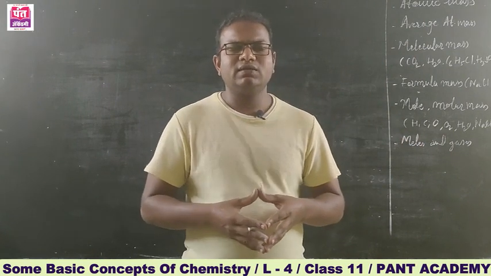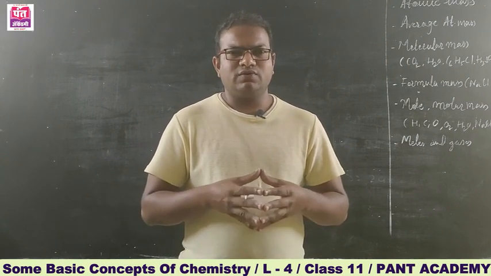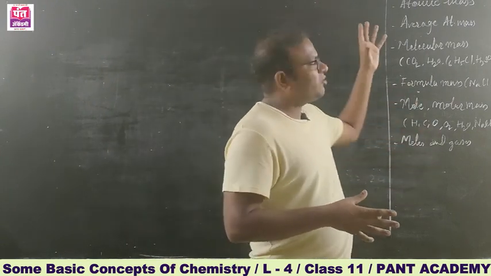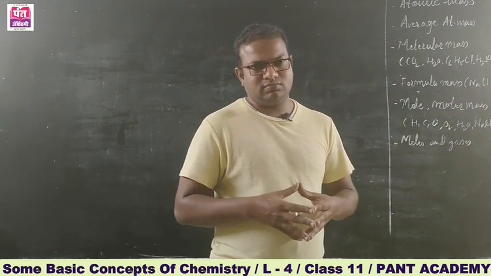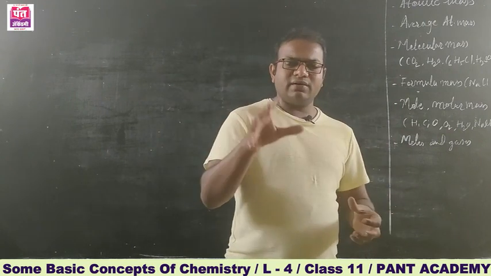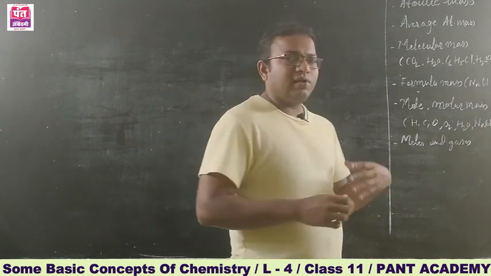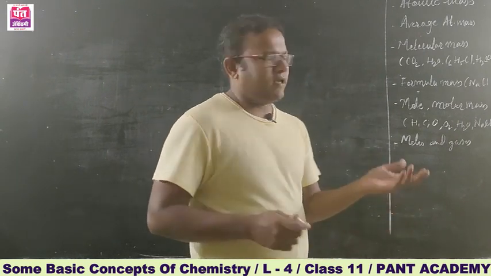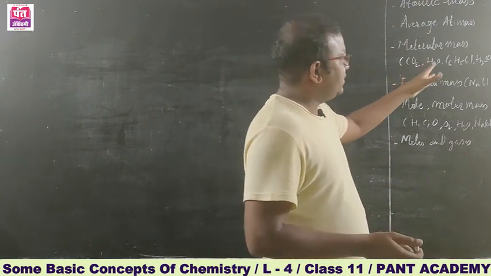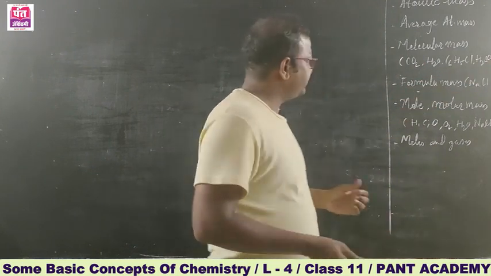Now let us see the next part of this topic, which will include these points: atomic mass, then average atomic mass. After that, molecular mass. In that we will see some examples like CO2, H2O, C6H5Cl, H2SO4.